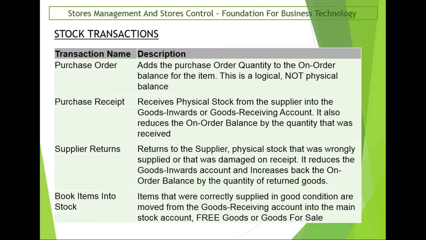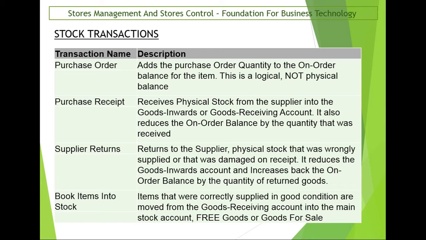But if we now place a purchase order for 10 items, we now increase the balance for that item in the on order account to 10. So that account is not holding physical stock. It's only a number that represents how many items have been ordered. So it's a logical account, not a physical account.